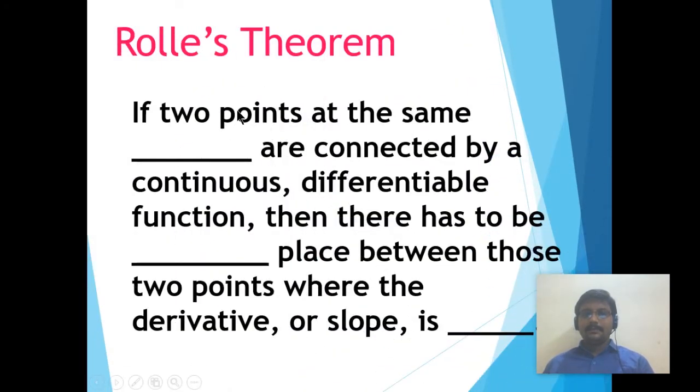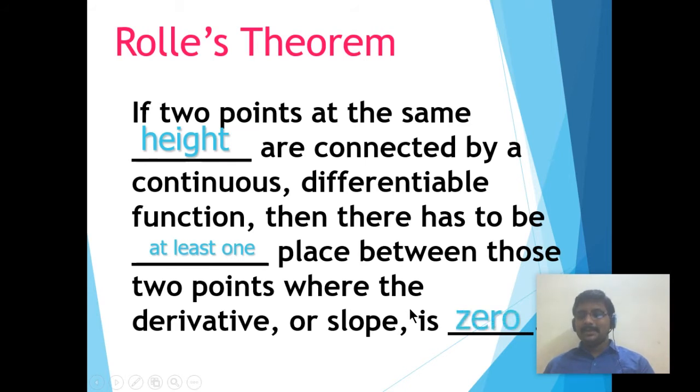Now, Rolle's theorem can be simply represented as a geometrical representation. If 2 points at the same height are connected by a continuously differentiable function, then there has to be at least one place between those 2 points where the derivative or slope is 0.